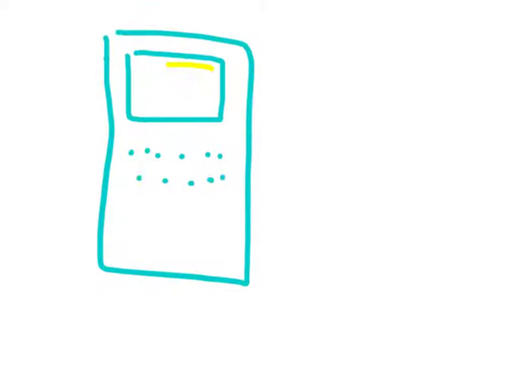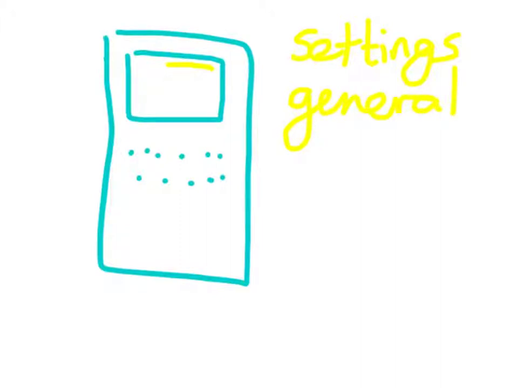So the way you change it, you click on that little gearbox up here in the corner, and you're going to go to Settings. And then you're going to go to General. And then you're going to go to Angle and change it to degrees.